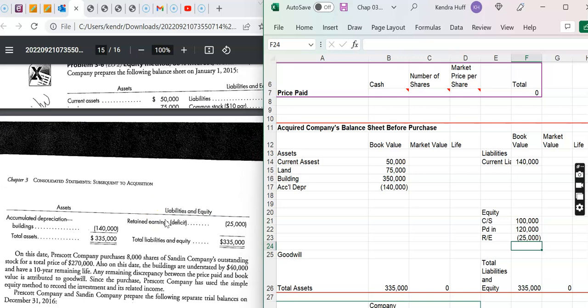All right, and then the buildings are understated by 40. So this nets to 210, right? 350 minus 210, and then add 40. Is that right?